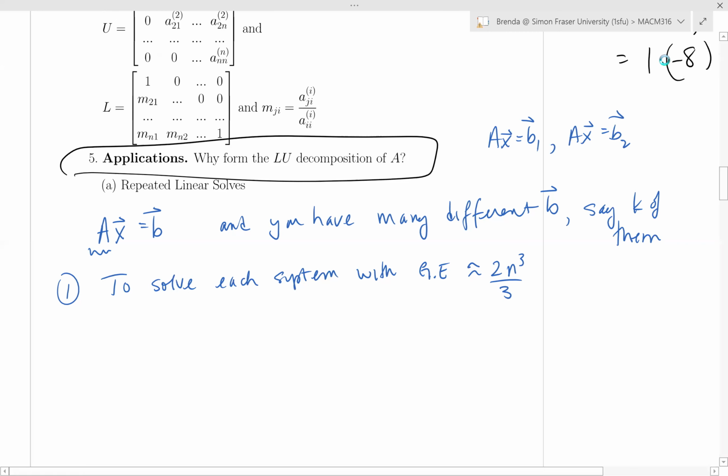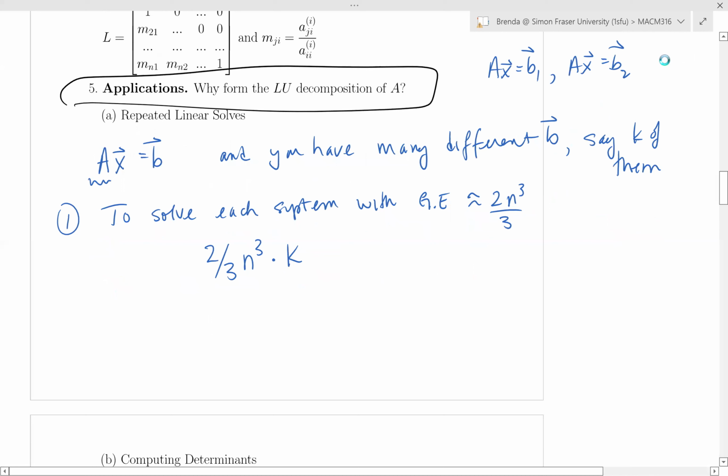So if we were just going to form a new augmented matrix every time and do it over and over and over again, we would end up doing 2/3 n cubed, and we would do it K times. So that is possibility one.